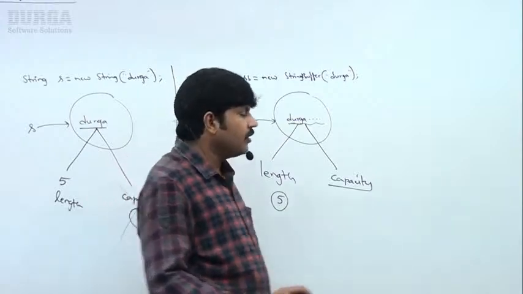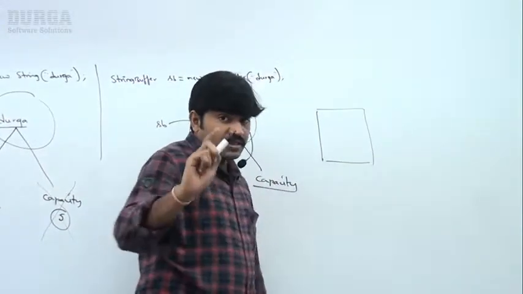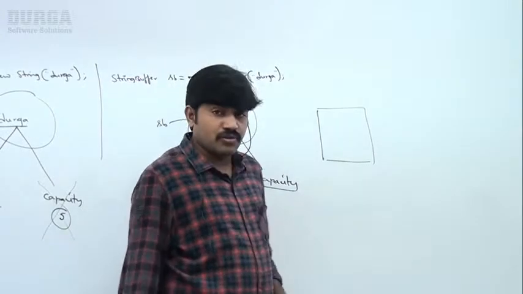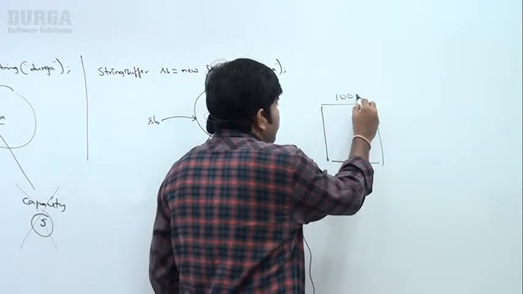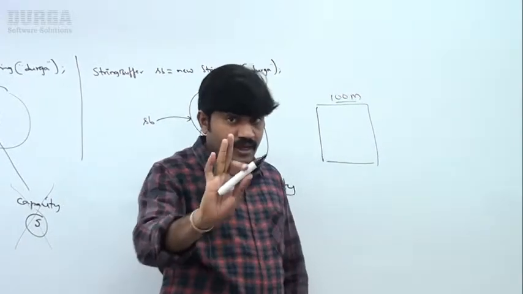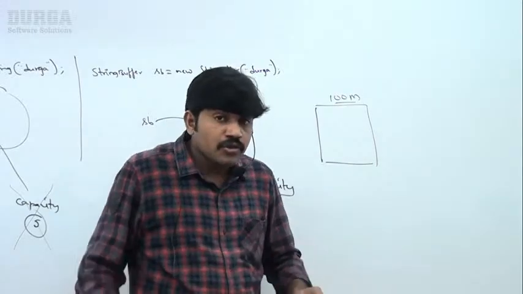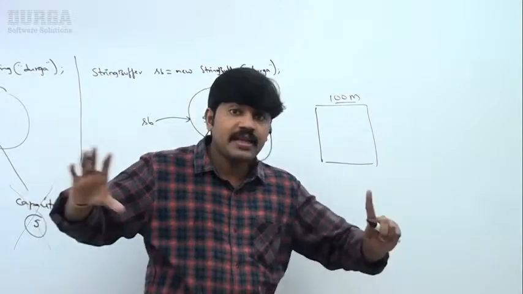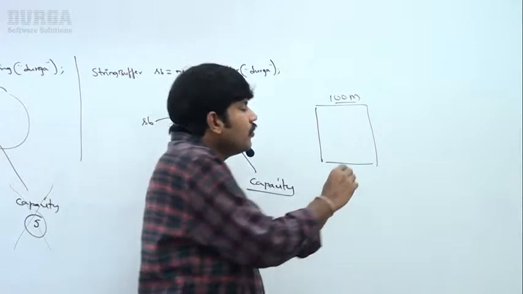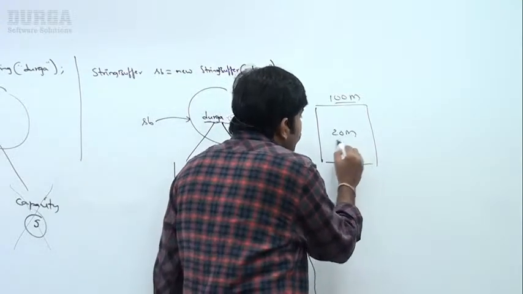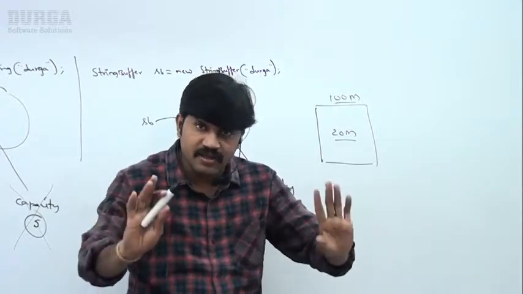Best example: assume there is a classroom where at most 100 members can be accommodated. The capacity is 100 members. But currently only 20 members are there, and the remaining 80 chairs are vacant.